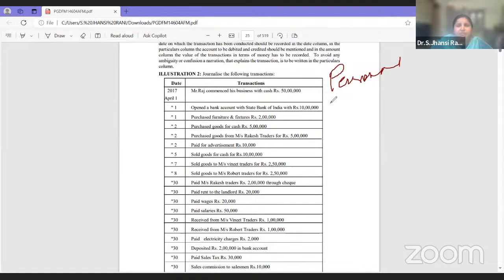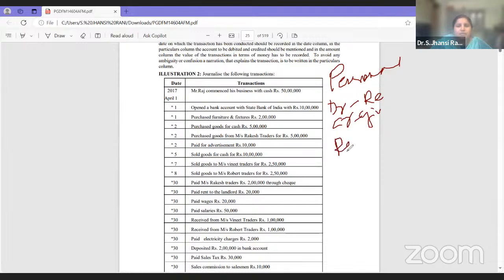For personal account, the rule is debit the receiver and credit the giver. This is about personal account.